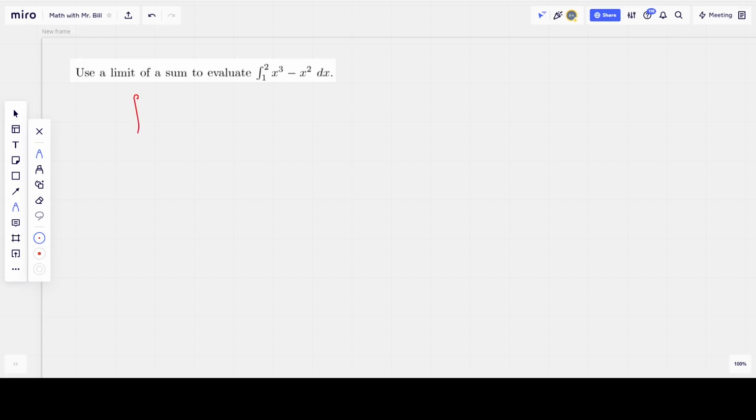So, in general, for a Riemann sum, the integral between a and b of some function is equal to the limit as n goes off to infinity of the summation from i equals 1 to n of f of x sub i times delta x. Sometimes you'll see it as delta x sub i. And that's what we're going to be concentrating on for this problem.